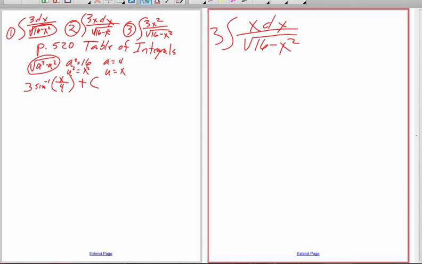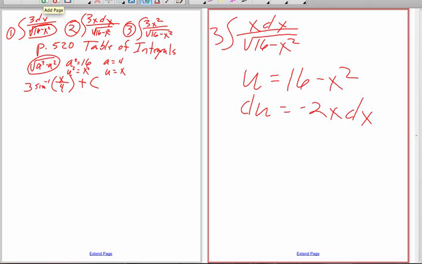You're saying, well, you can't u-sub on this one, and you would be wrong. Because now our u is going to be 16 minus x squared, which means du will be minus 2x dx, and hallelujah, there's my x.